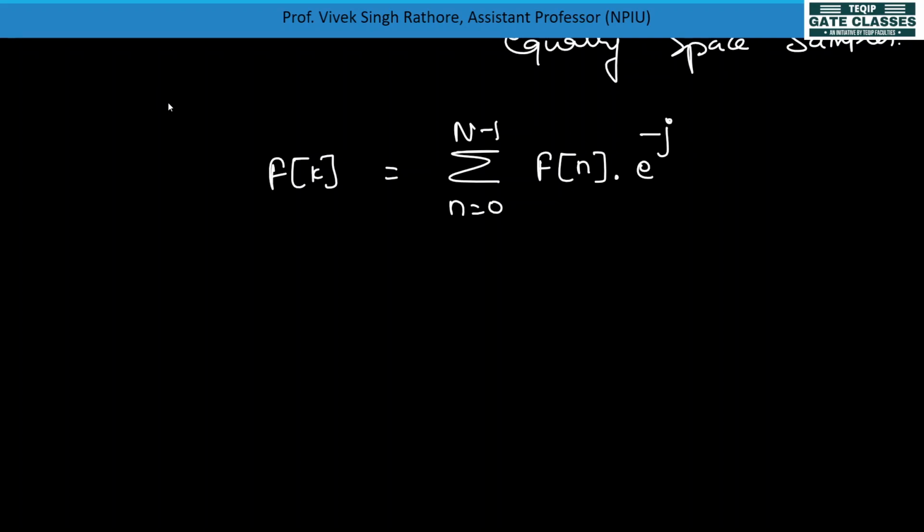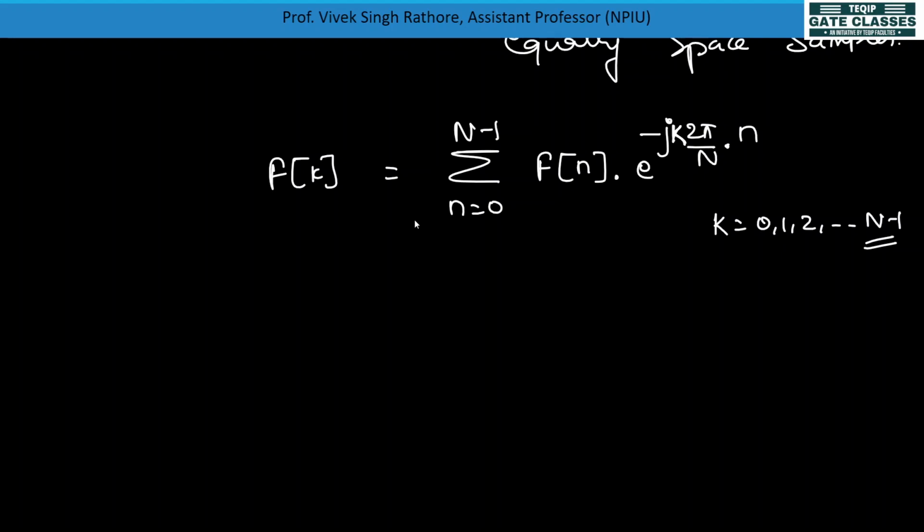Earlier you used to do f of n into e to the power minus j omega n, where omega is 2 pi by N. This was there, but here k terms will also come, because the answer is coming in k. Here k is 0, 1, 2, up to N minus 1.